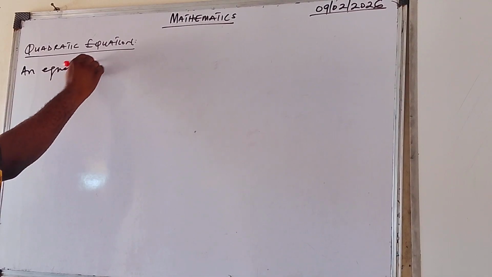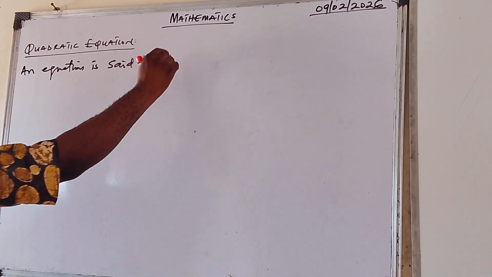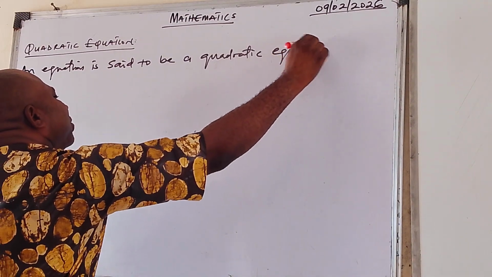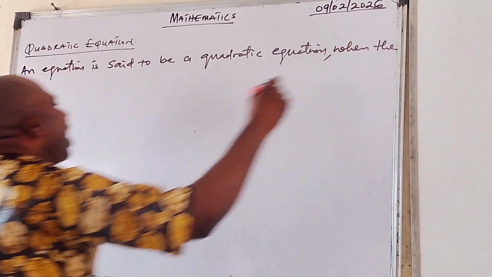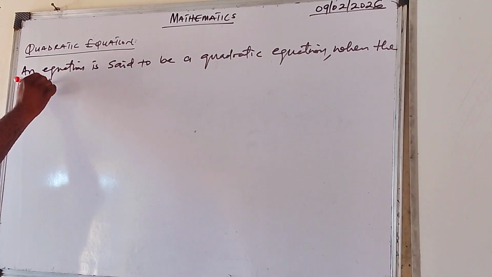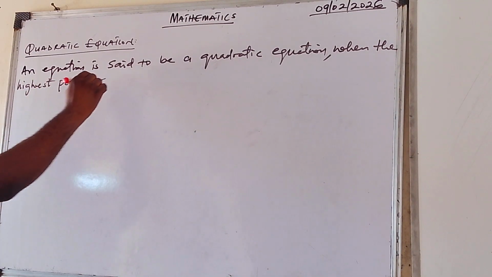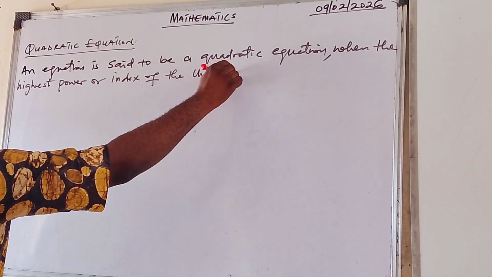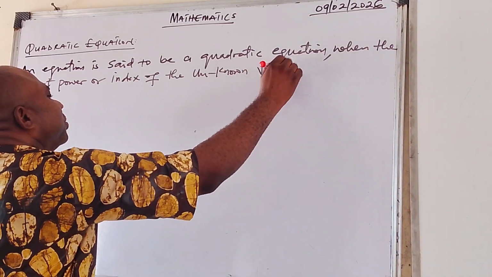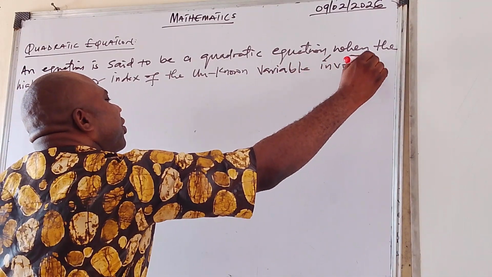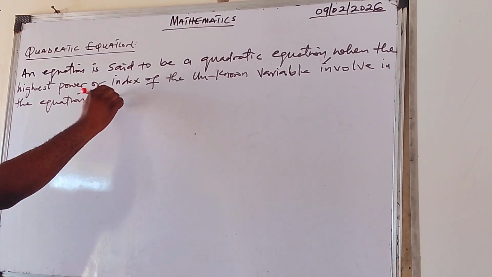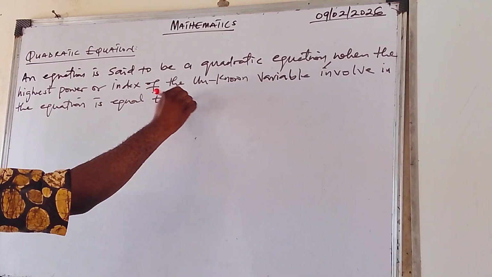Now, an equation is said to be a quadratic equation when the highest power or index of the unknown variable involved in the equation is equal to 2. Yes, it's equal to 2.